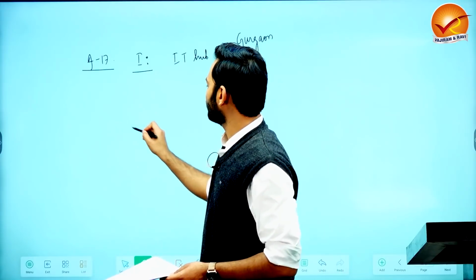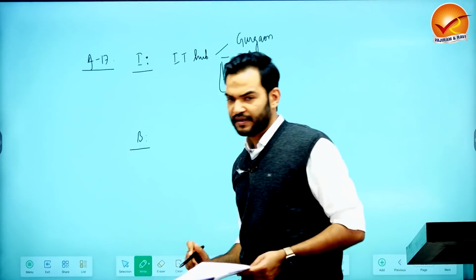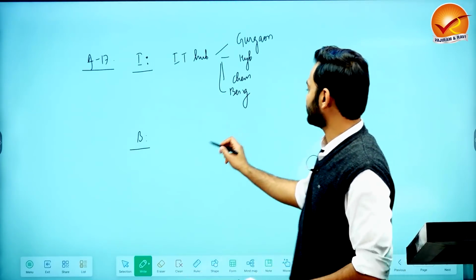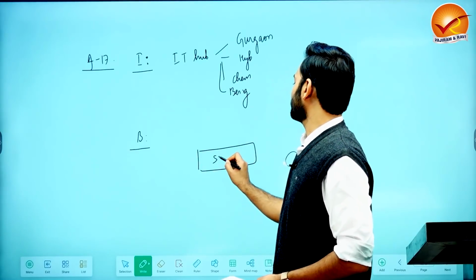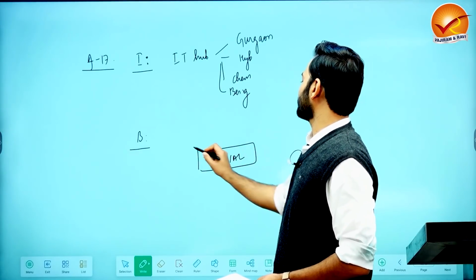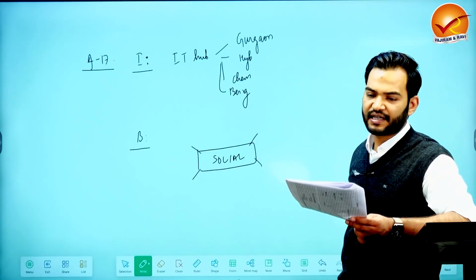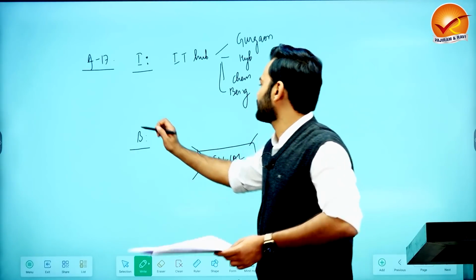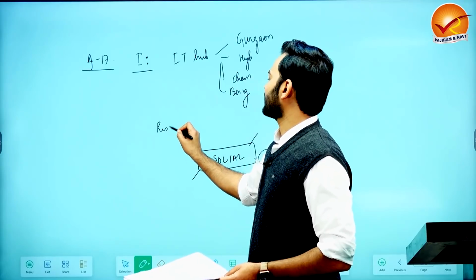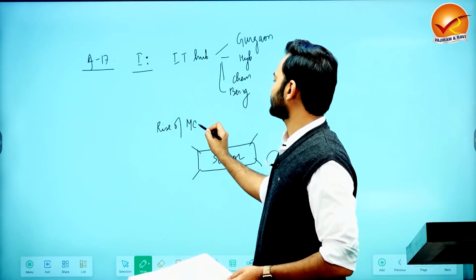So now if I come to the body, what are the social implications? Let us write social implications of development of IT industry. So first social implication is rise of middle class.